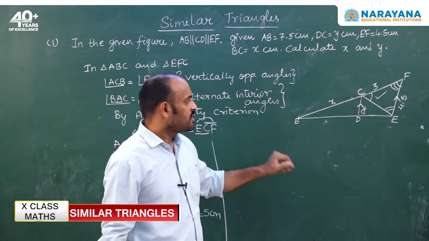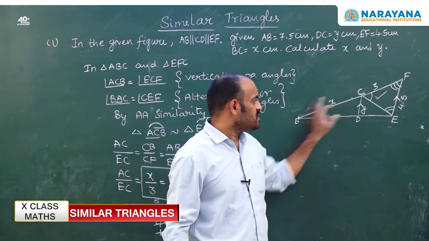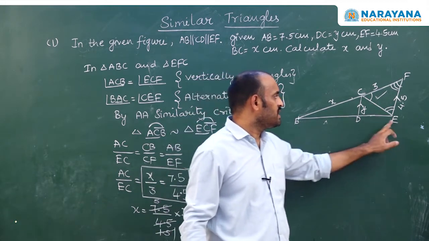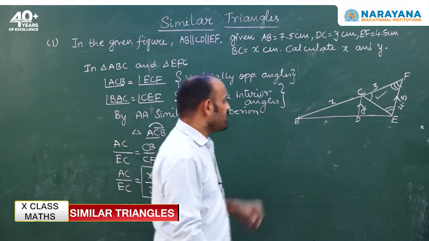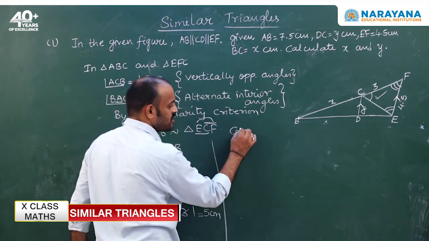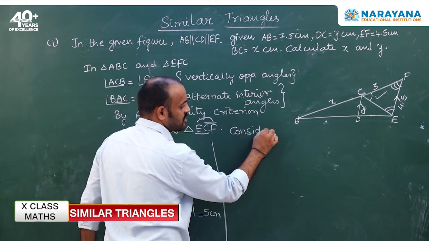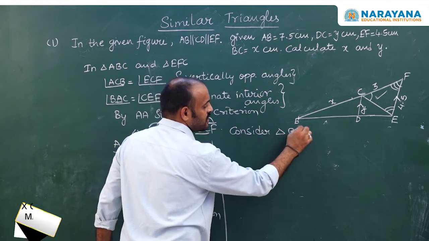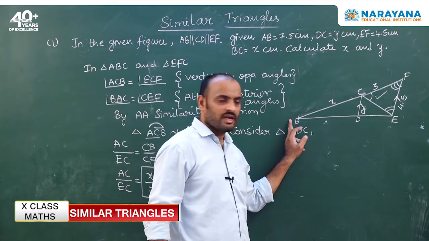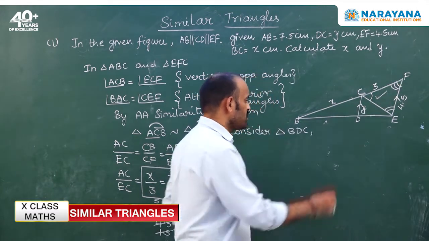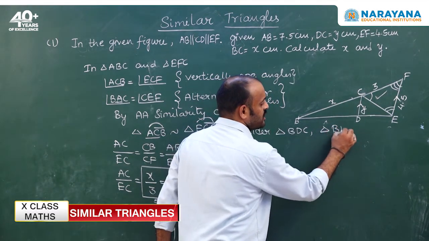If you see triangle BDC, we have one more triangle BEF. CD is parallel to EF. Consider triangle BDC and the bigger triangle BEF.